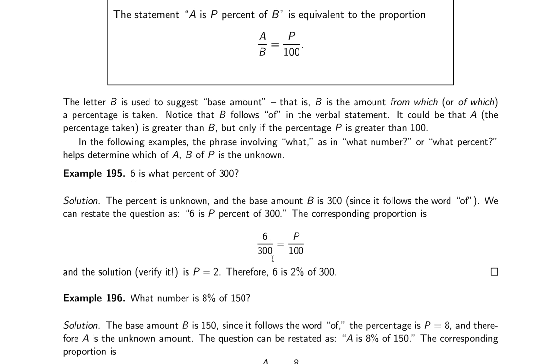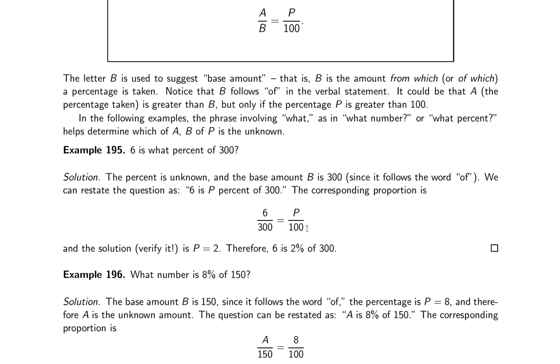So 6 over 300 is equal to p over 100. You can cancel 3's on the left, so we're getting 2 over 100 is equal to p over 100. So that's easy, p has to be 2. So the answer, 6 is 2% of 300.